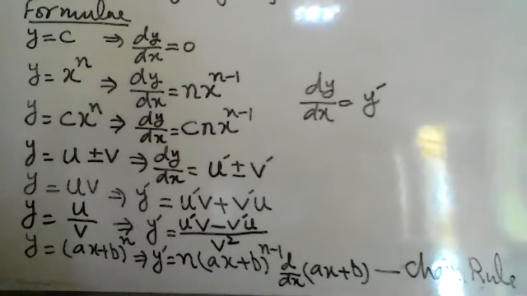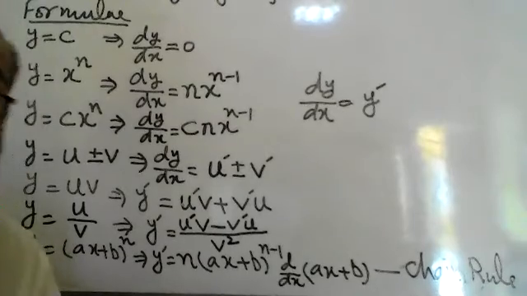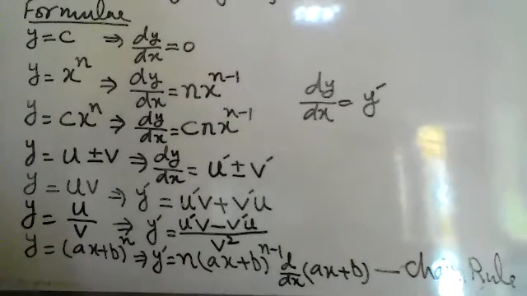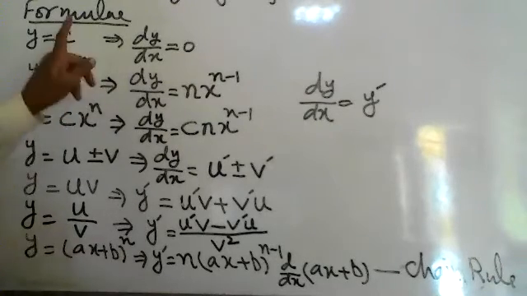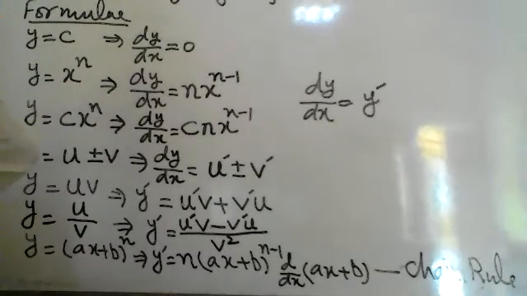Exercise 3.1. I have already shared the previous exercise, that was 2.4, and by mistake I wrote 2.3 on the board. Actually that is 2.4. I shared that exercise, I shared these formulas, and I shared this exercise 3.1 in the group, all these three.